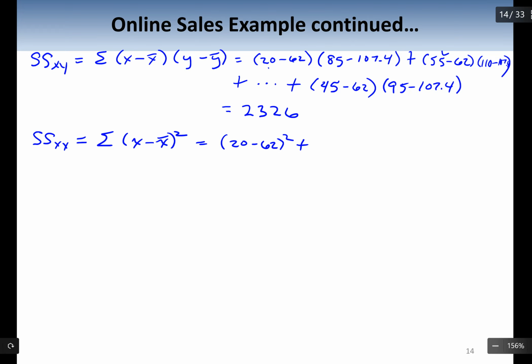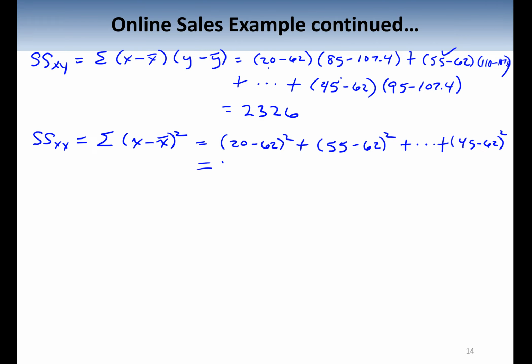Add customer number 2, we can see right here, 55 subtract 62, the average, squared. Continue on until the last customer, that was 45. 45 subtract 62, don't forget to square. We should get 4480.